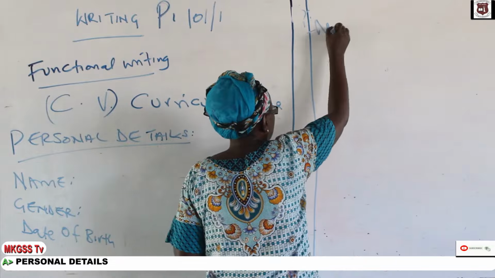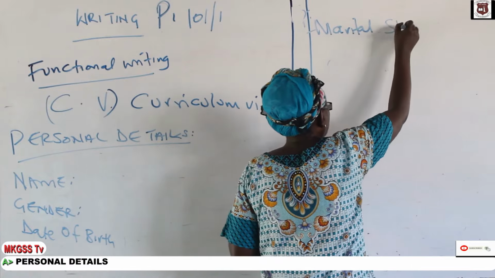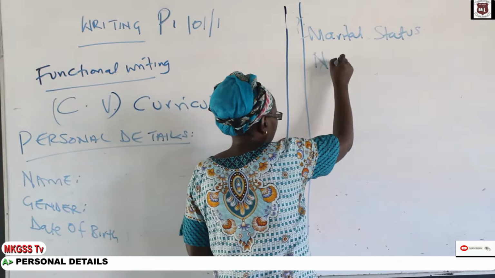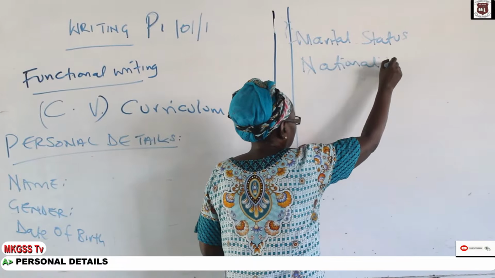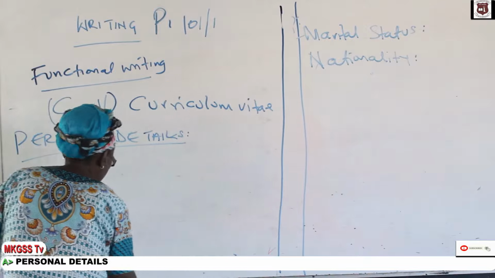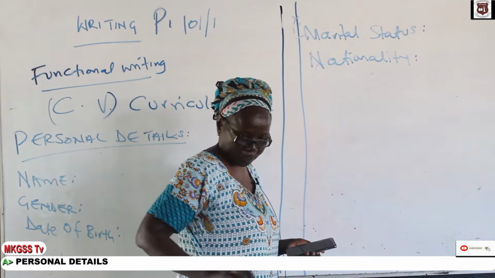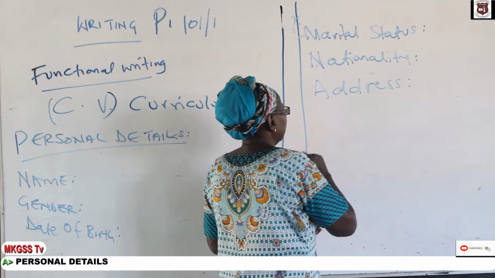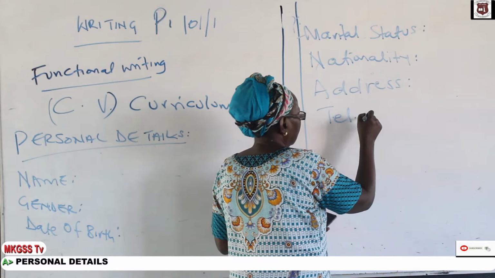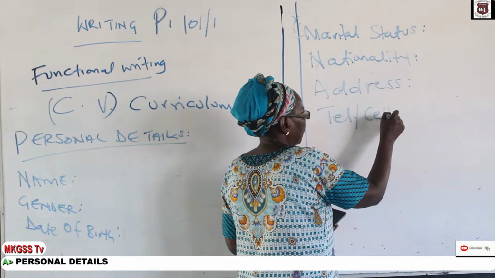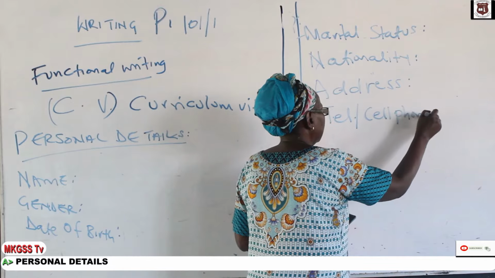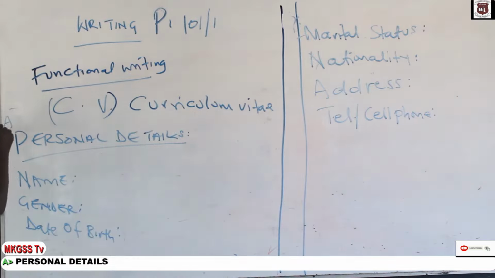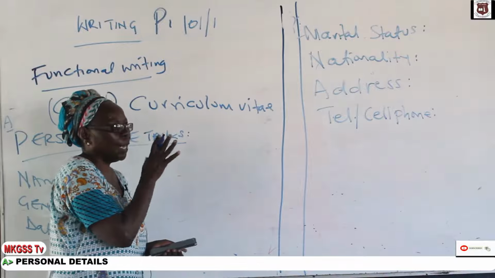Marital status. Nationality. Address. Or cell phone number. So that's the first bit, which you can name as A in your CV. A. So you fill in that personal details.